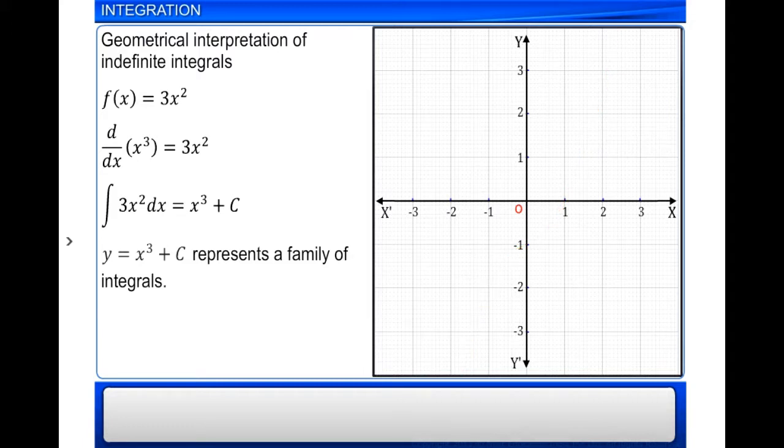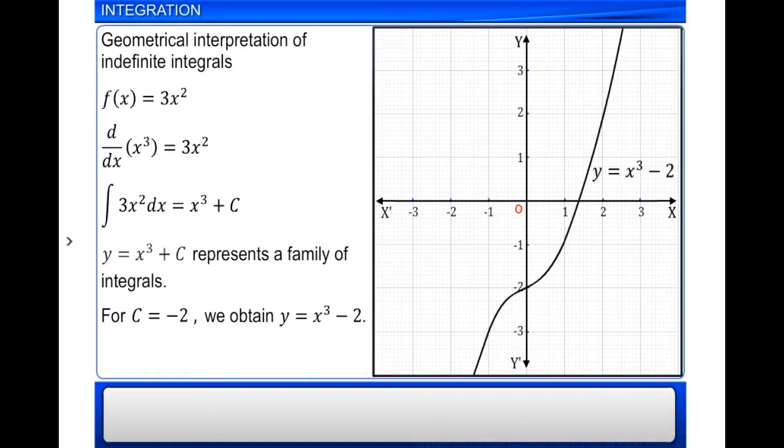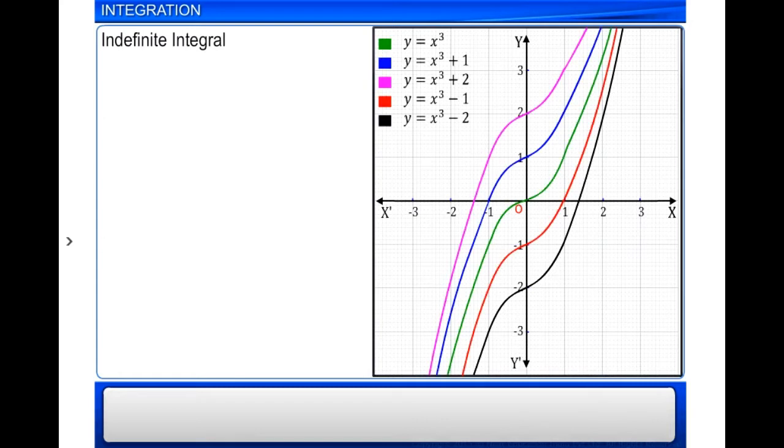In a similar way, for c is equal to minus 2, we have y is equal to x cube minus 2, and the graph is as shown here. Hence, by assigning different values of c, we get different members of the family. These members of the family together constitute the indefinite integral.